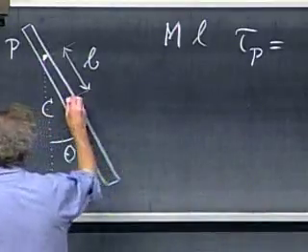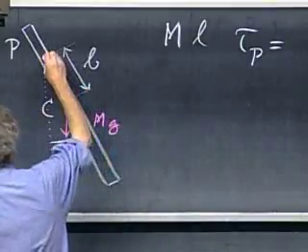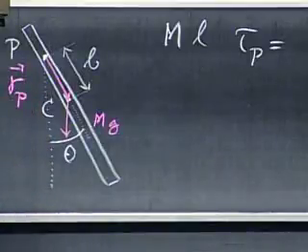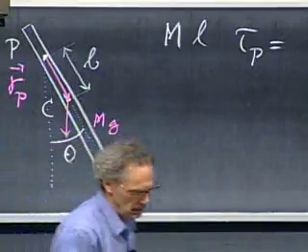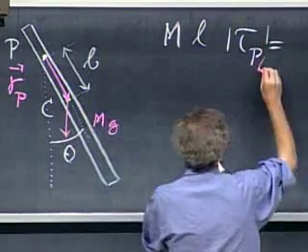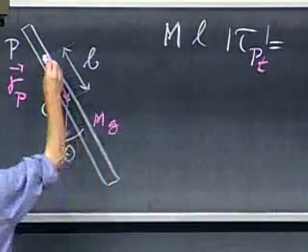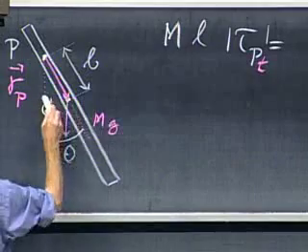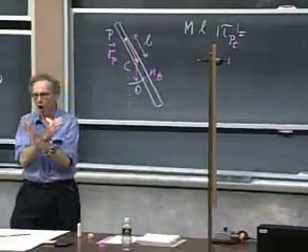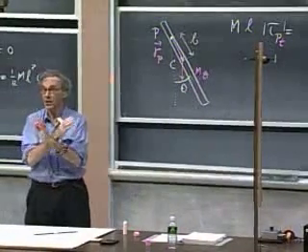All I worry about now is this mg and this position vector r_P. That determines the torque. And the magnitude of that torque, and I'm sure that torque is going to change in time, equals mg times this distance b, but I have to take the sine of this angle theta, because remember, it is a cross product between r and F. And the cross product has the sine of the angle in it.